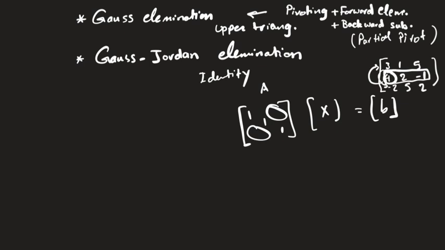The idea is very similar to the Gauss elimination: you try to subtract, but you also normalize the remaining variable to 1.